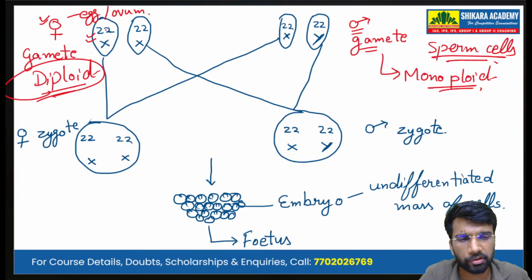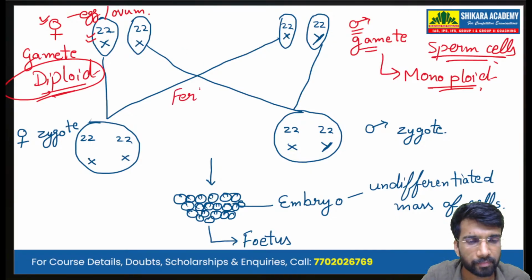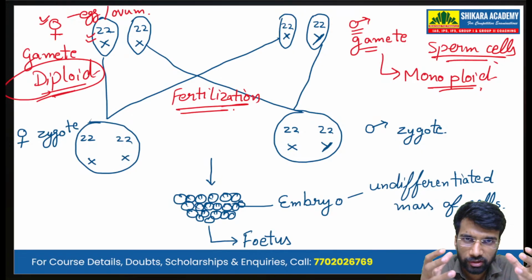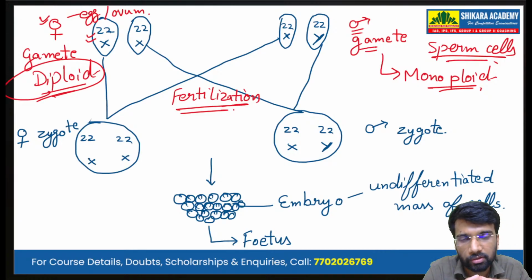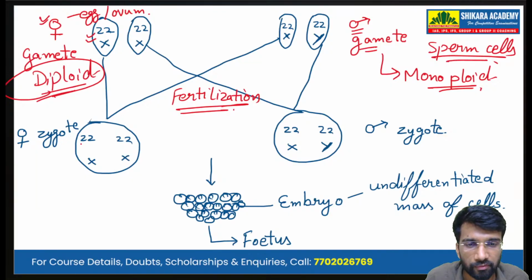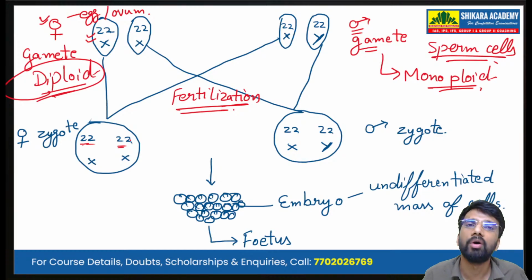So if the process of fertilization takes place, the fusion of the two gametes together, after the fertilization we get a zygote in which we have 44 autosomes.